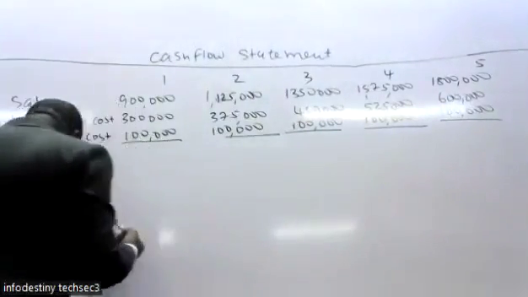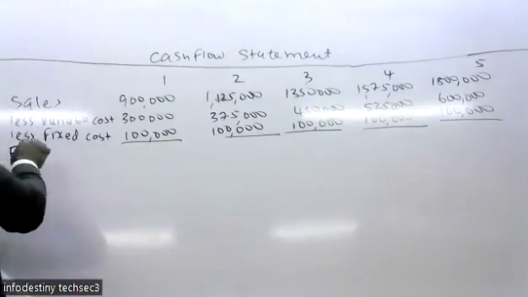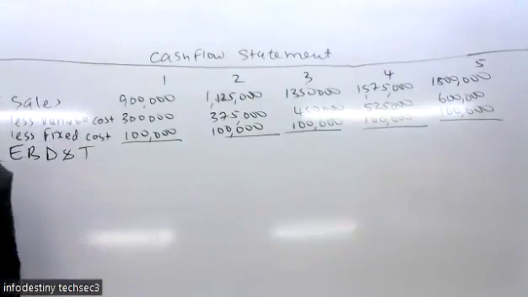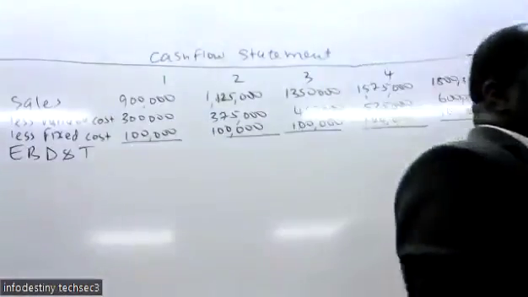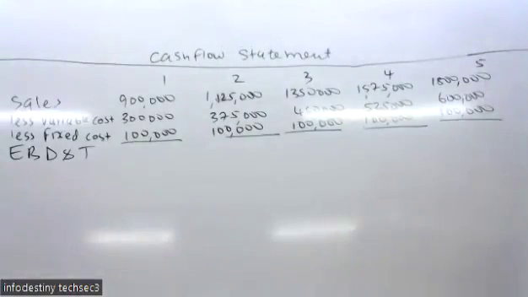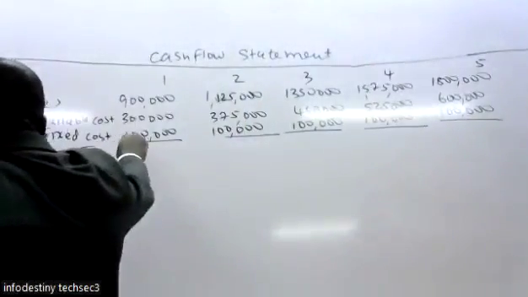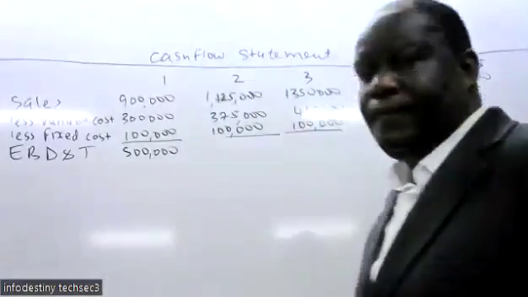When you subtract those two items, we get our earnings before depreciation and tax. So how much is there for year one? Exactly 500. Year two, 650.